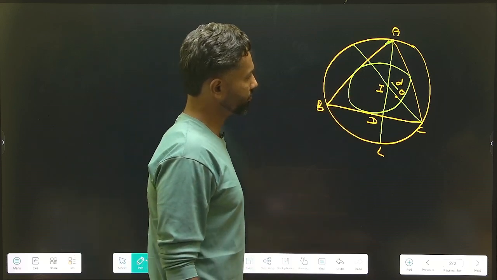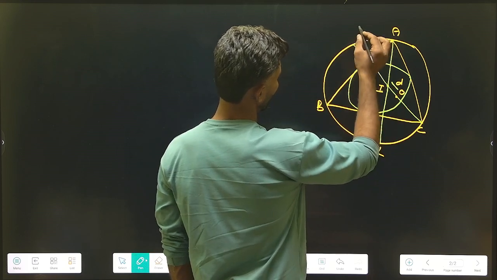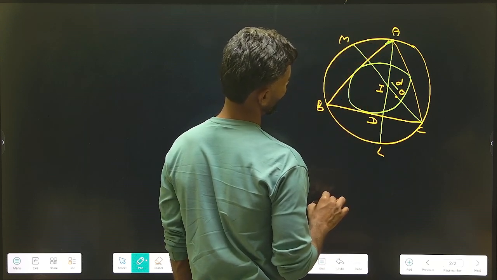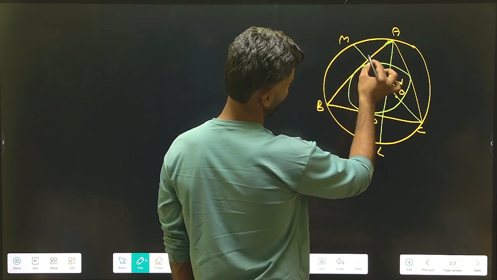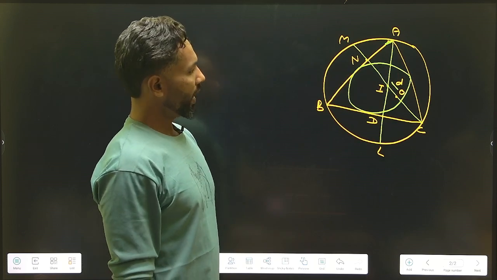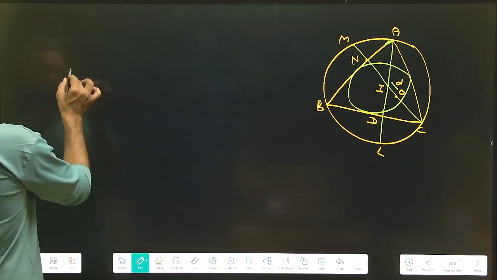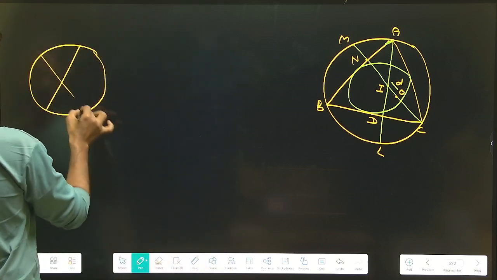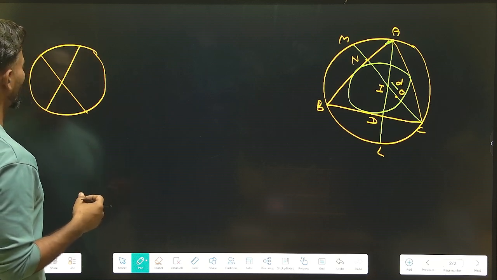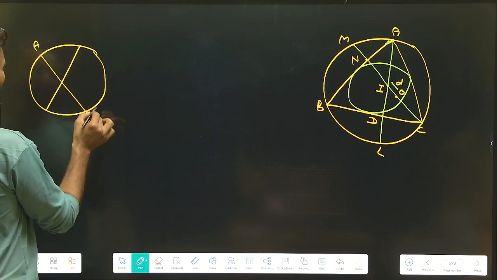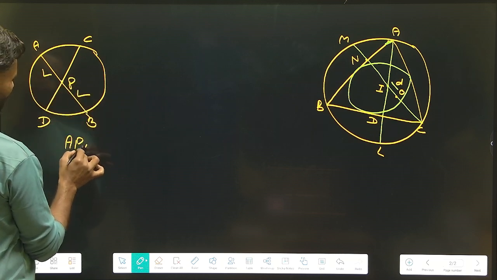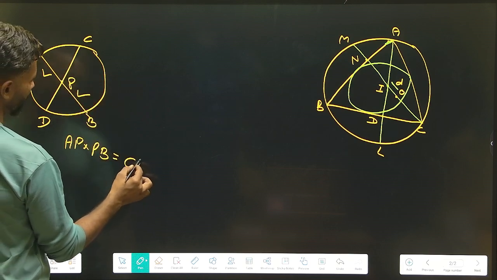Now suppose this point is M, and this is point N. As we have discussed, it is a property of the circle: suppose there are two chords AB and CD intersecting each other at point P. The rule says that AP multiplied by PB will be equal to CP multiplied by DP.